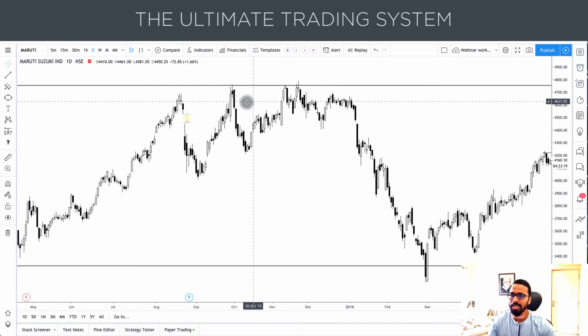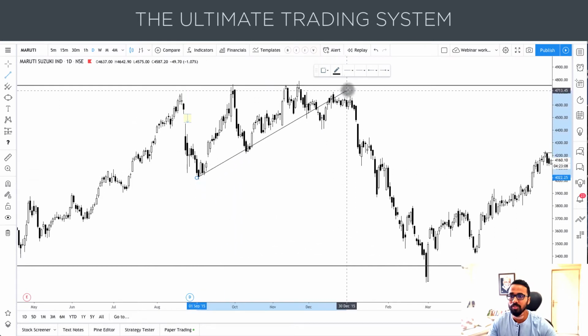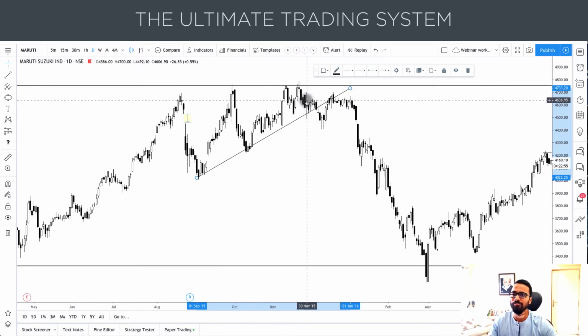Because I'm here somewhere, I can take the liberty of drawing this line here, because when I'm here and I have a resistance, I know that I need to take a short position here. Second, if this ascending triangle, if this trend line breaks, then I'm okay to take a trade on the downside.